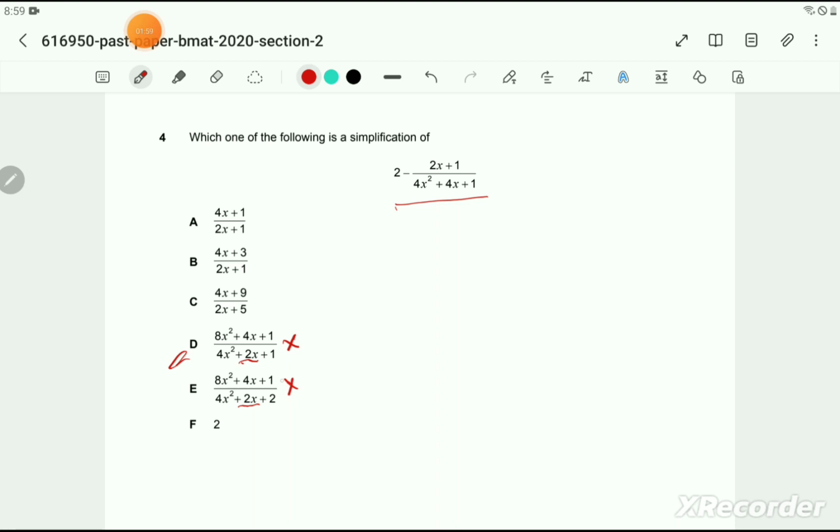It cannot be a simplification because the bottom part is not the same as in the question. And option 2 omits the x and y, so we doubt that it may be the answer. However, we can take a look at this 3. This 3 might be the answer. So for simplification, it is going to be a long calculation.